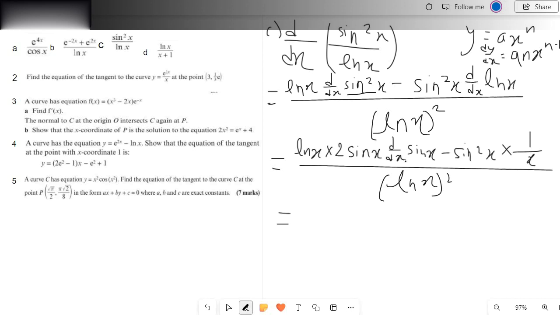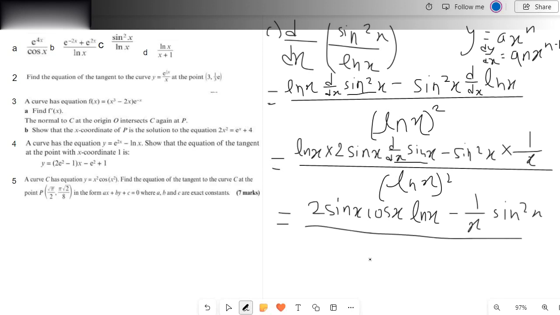So d/dx of sine x is cos x from the previous video. So we will have 2 sine x cos x ln x subtracted with 1 by x sine squared x, and whole divided by ln x whole squared.